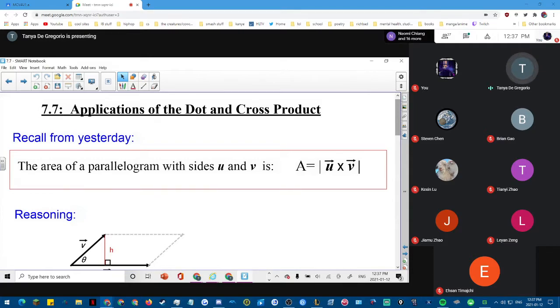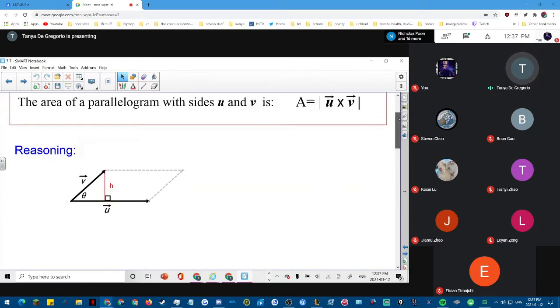We also learned that those two vectors can form a parallelogram, and if you take the cross product and then the magnitude of those components, then what you're finding is the area of the parallelogram.